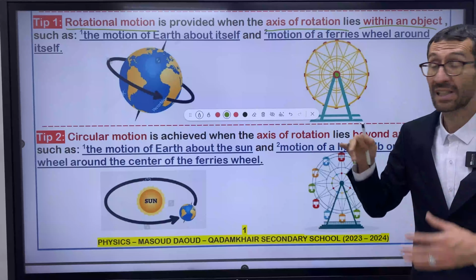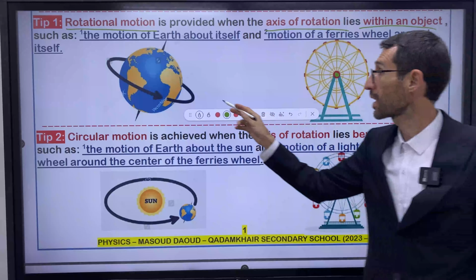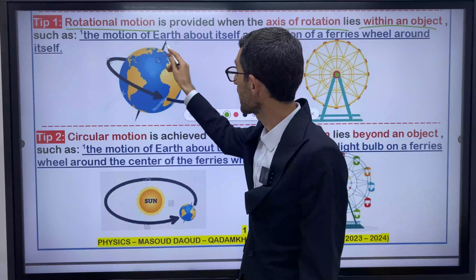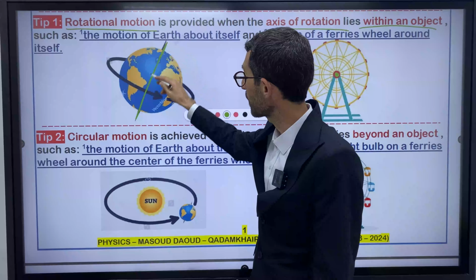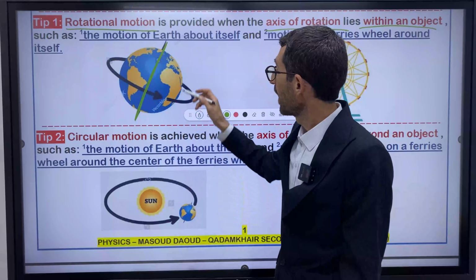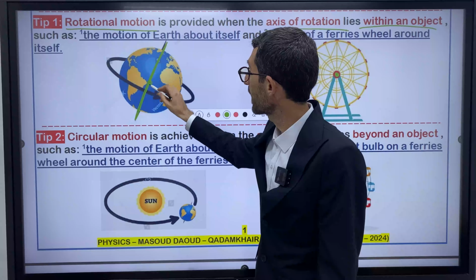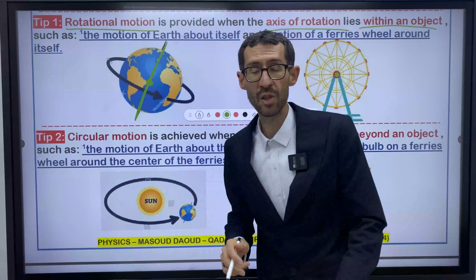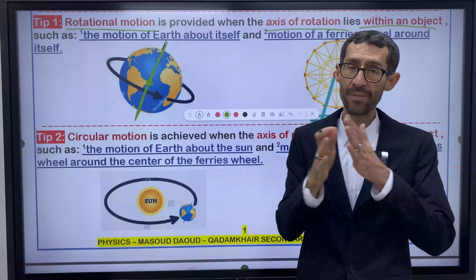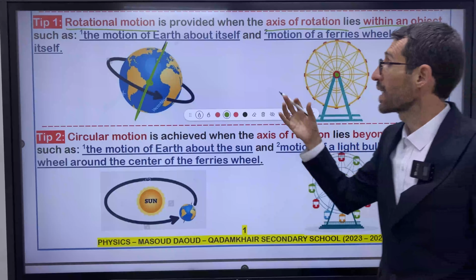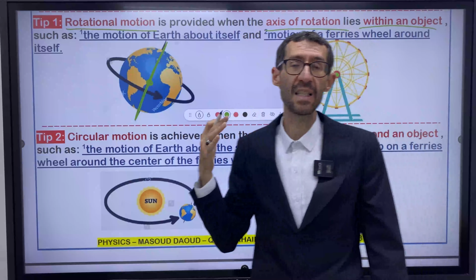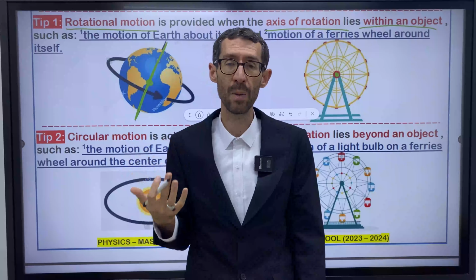It passes through the center of the Ferris wheel. What do you say about the Earth? The axis of rotation is an imaginary line that passes through the center of the Earth, and it divides the Earth into two parts. So any motion with this property is called rotational motion.